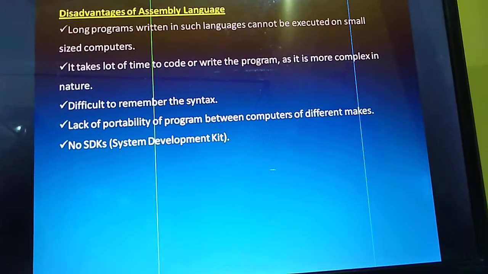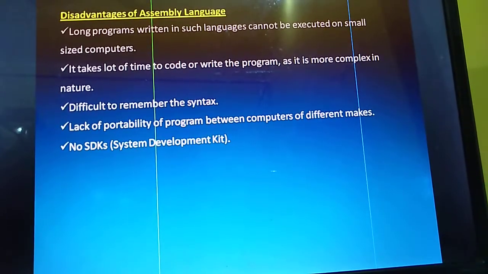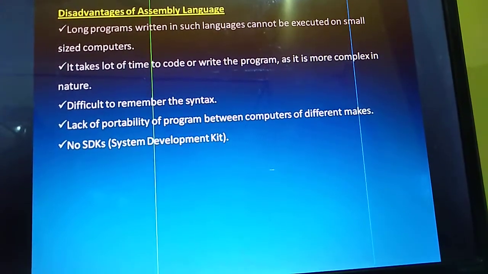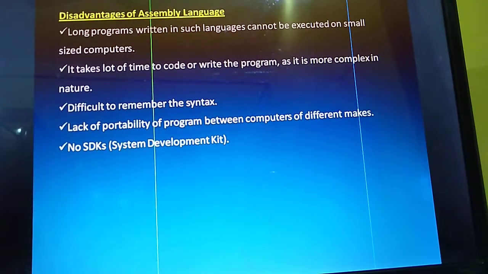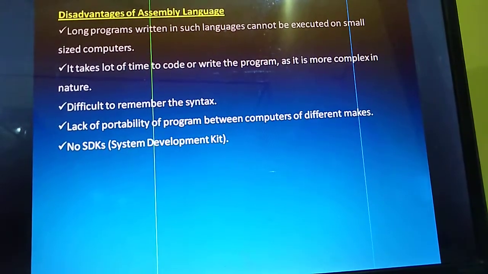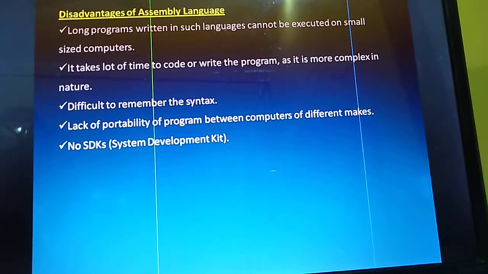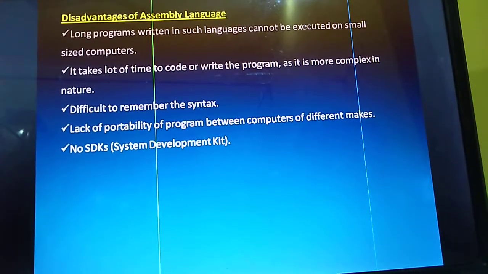Now, let us find out the disadvantages of assembly language. If the program is very long, then it cannot be executed in a small sized computer. It takes a lot of time to code or write the program, as it is more complex in nature.